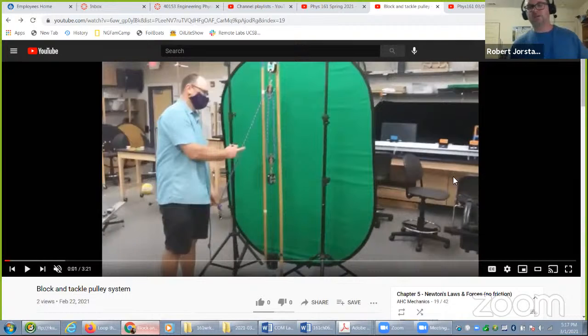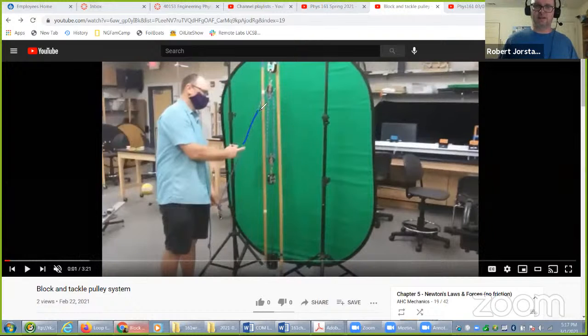All right, so here's a block and tackle. Now, in this case, there's a string running like this, and it goes over a pulley, it goes down, and it goes around this pulley, and then it connects up here. And so basically that upper pulley has a string coming down this way, has a string coming down this way, and then there's a string attached to the axle as well.